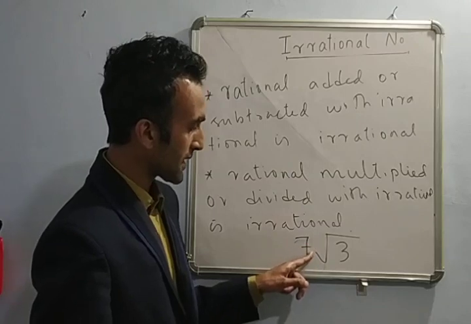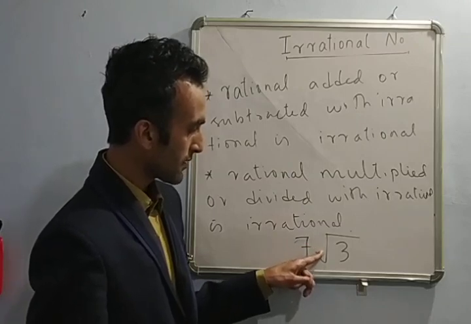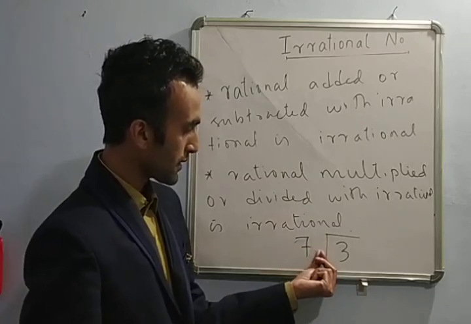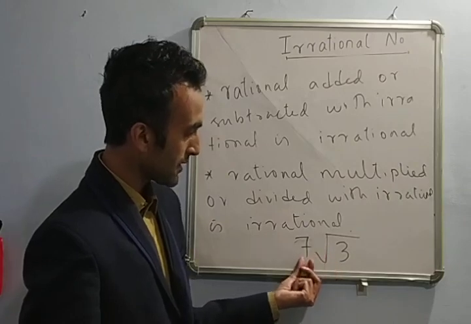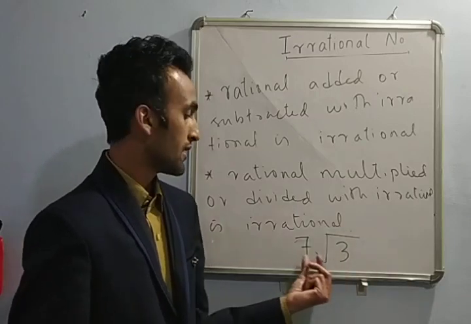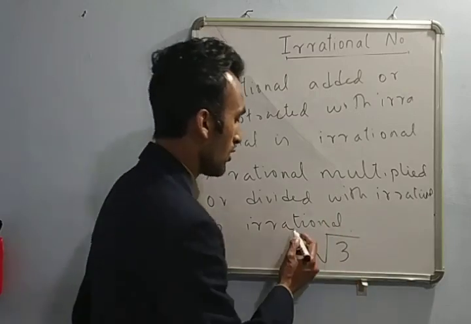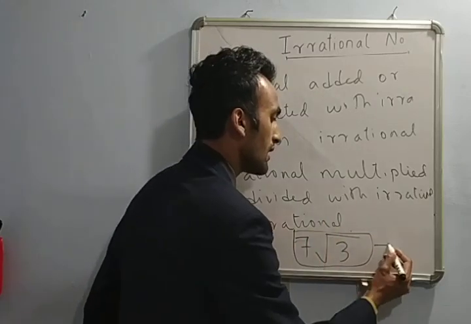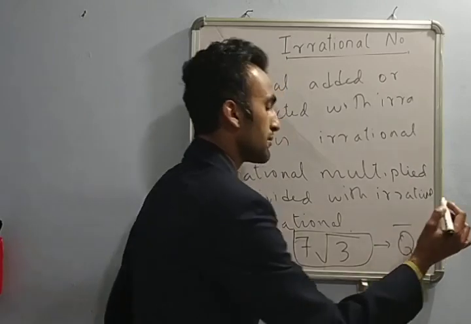If nothing is written in between, it means multiply. 7 is multiplied with root 3. As a whole, this is called an irrational number.